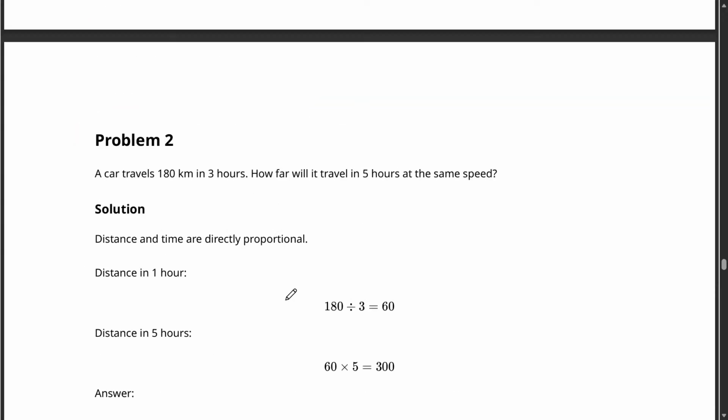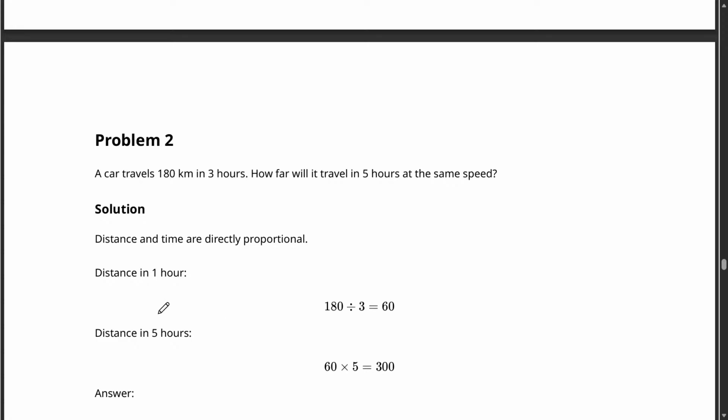Problem number 2. A car travels 180 km in 3 hours. How far will it travel in 5 hours at the same speed? Distance and time are directly proportional.